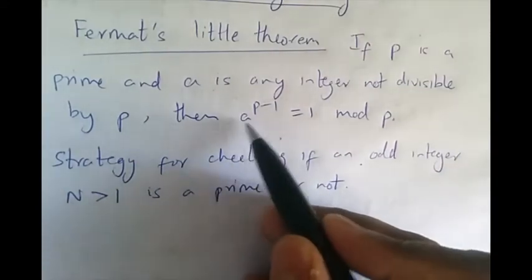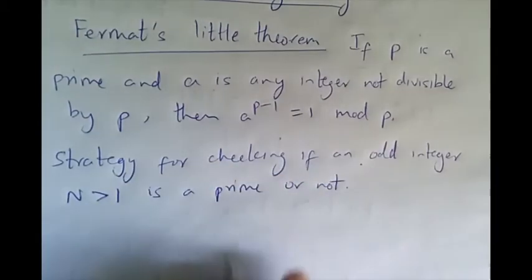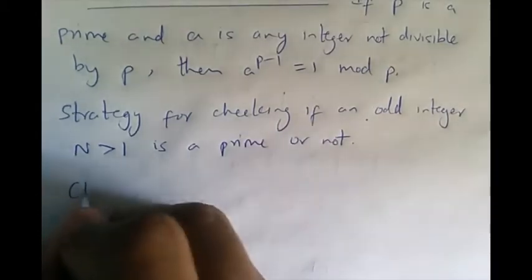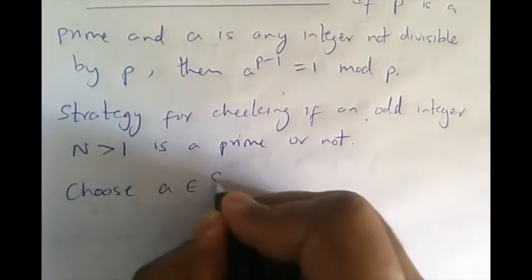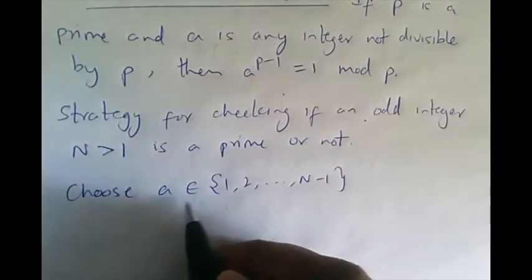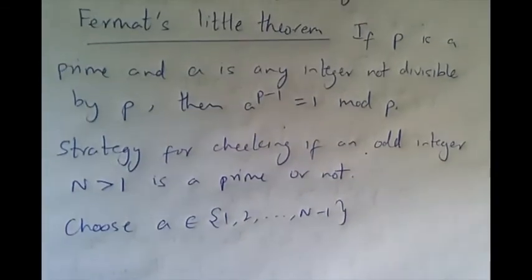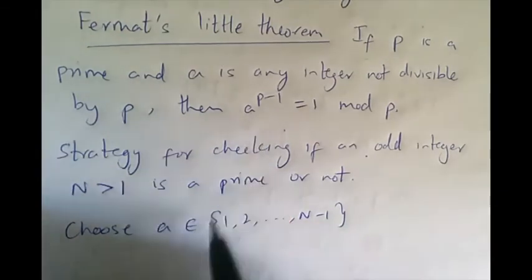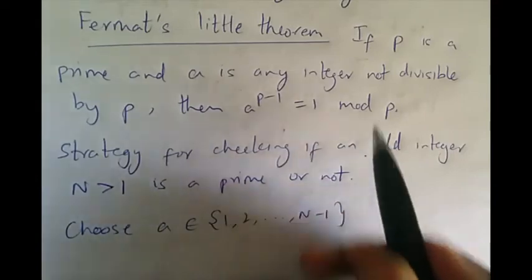So if n was a prime, then that integer raised to n minus 1 would be equal to 1 mod n. So we choose A in this set. Any integer A in this set will not be divisible by n. And if n was in fact a prime, then you have an integer not divisible by n, so A raised to n minus 1 should be equal to 1 mod n.